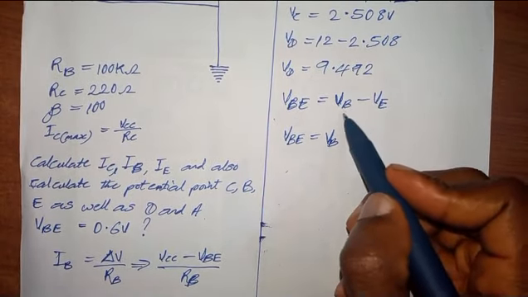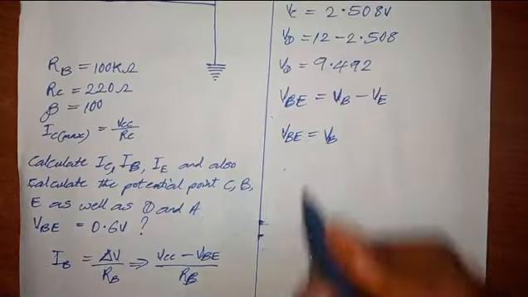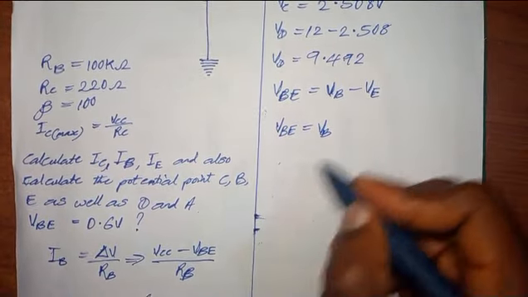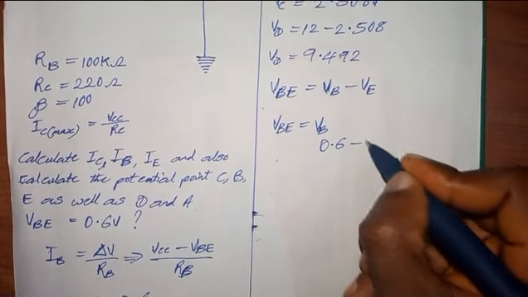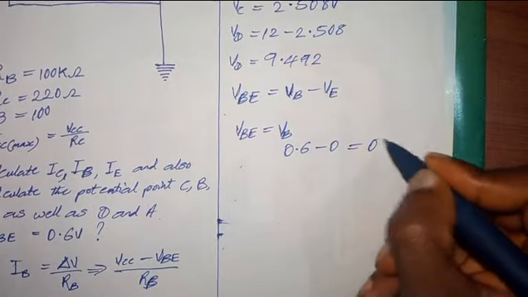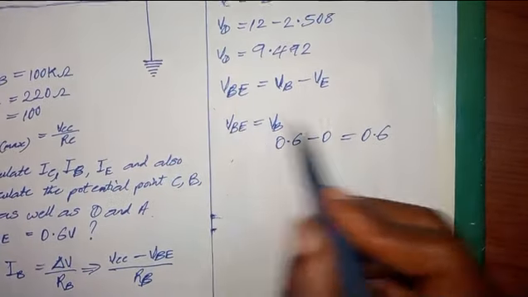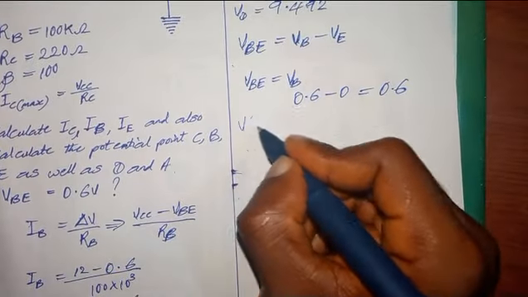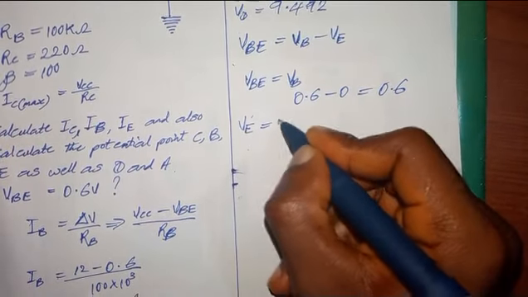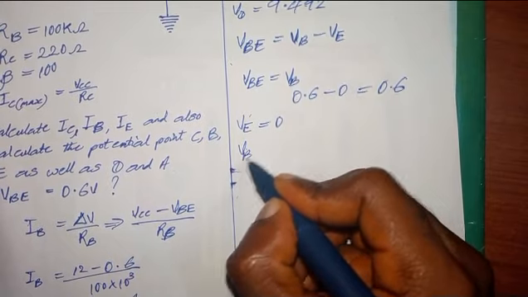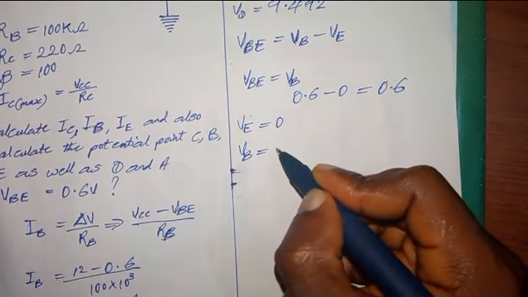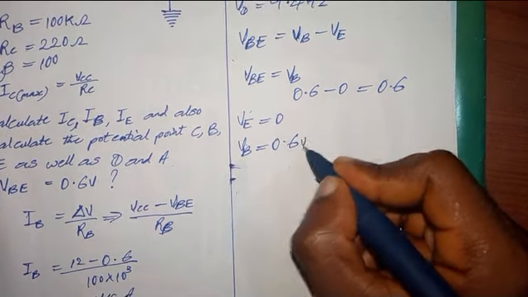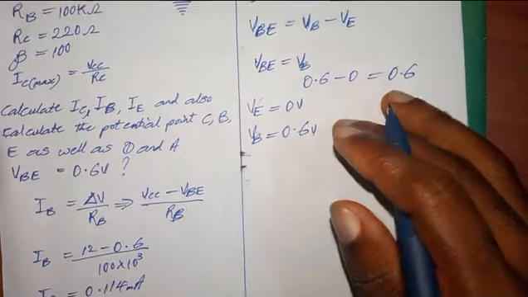It's the same voltage flowing through this point B. So since it's the same voltage, VE will be 0, because 0.6 minus 0 is equal to 0.6. So VE is equal to 0. Then VB is equal to 0.6 volts. I think that's all.